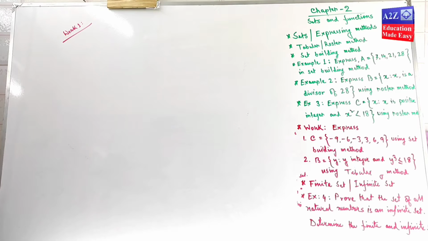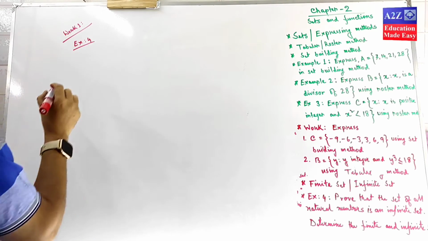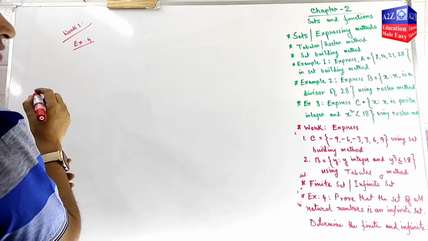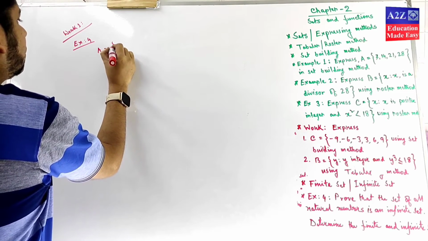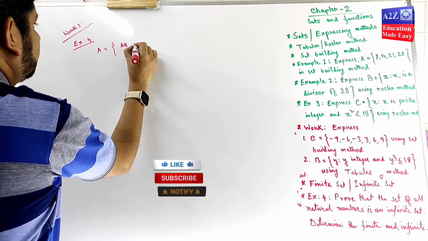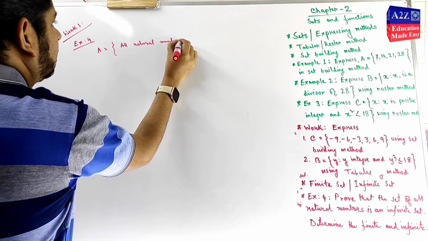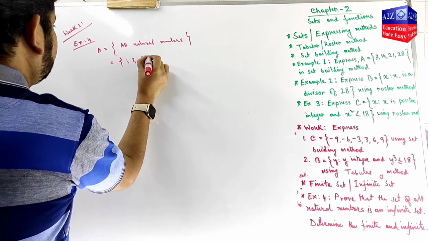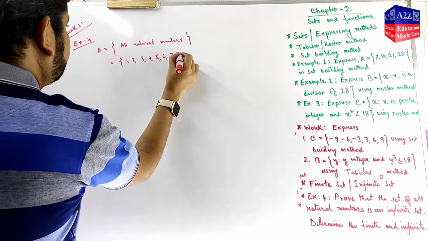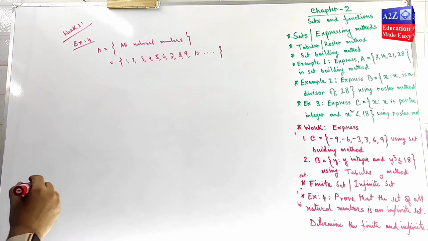Prove that the set of all natural numbers is an infinite set. This is example number 4. Say A is a set of all natural numbers. All natural numbers means 1, 2, 3, 4, 5, 6, 7, 8, 9, 10, and so on. You cannot just exhaust them.